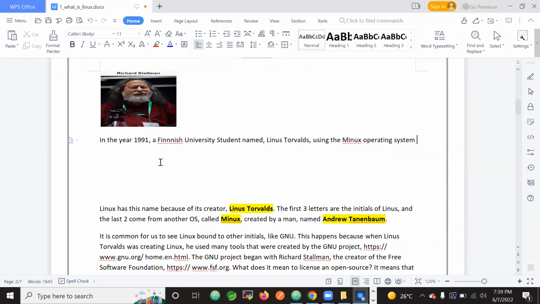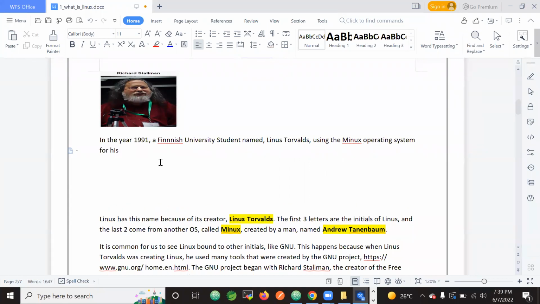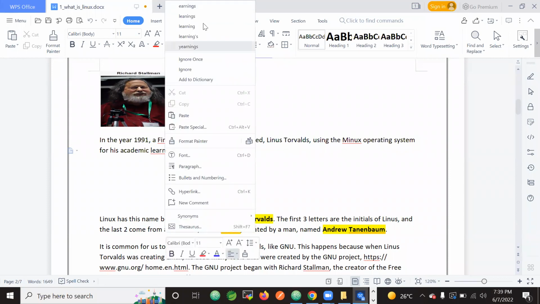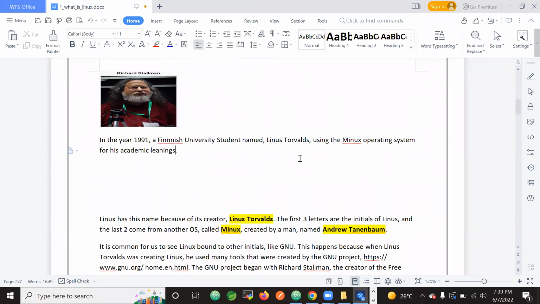He used the operating system for his academic learning. On the other end, see how important these things are: this guy Linus Torvalds is using the Linux operating system for his academic learning.